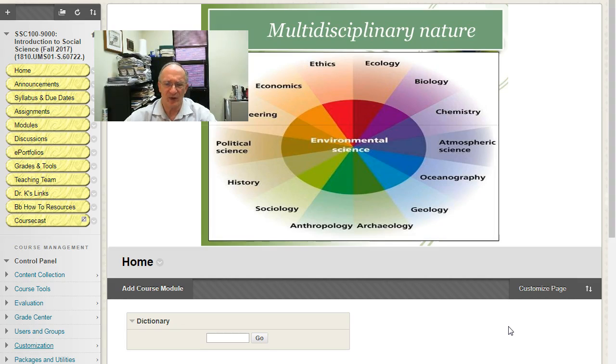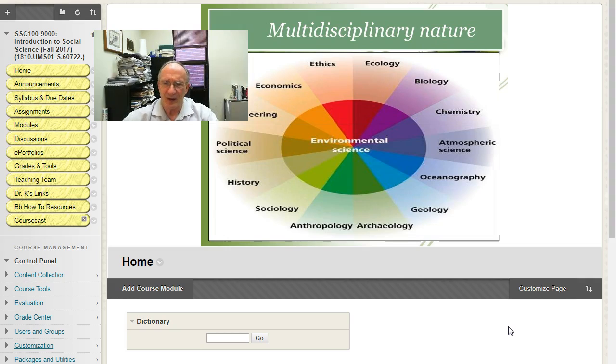This is an important cultural and political shift in the sciences and indeed in academics in the 21st century. So I would think students who complete this course would have some comfort with the idea, or at least familiarity with the idea of interdisciplinary studies.